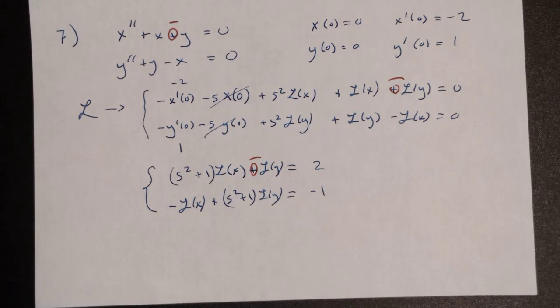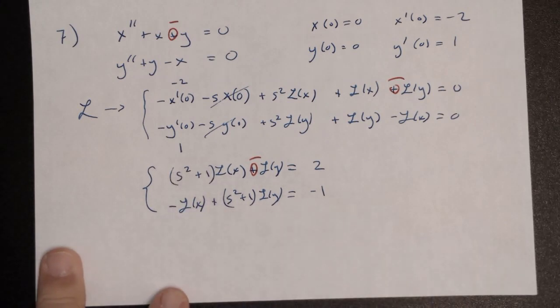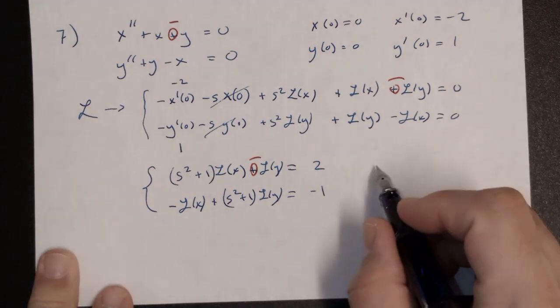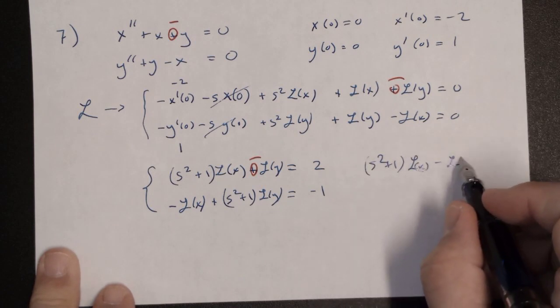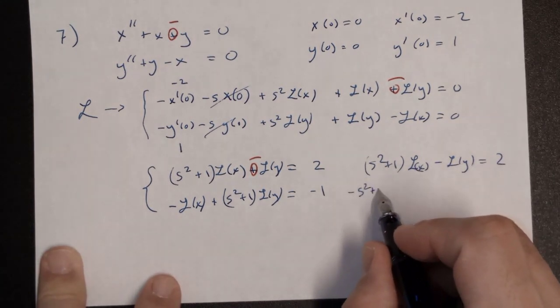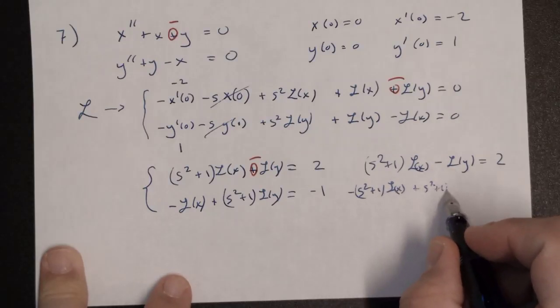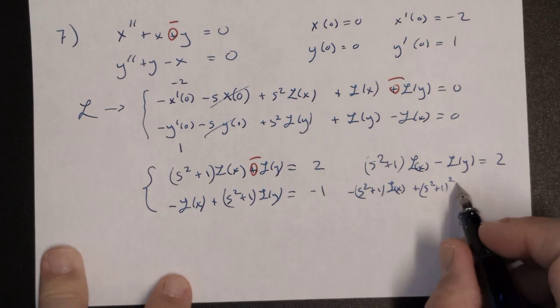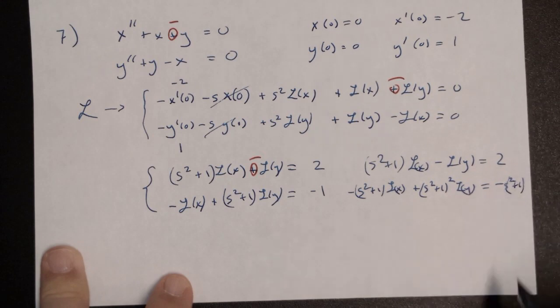If I'm going to eliminate x, then I'm going to multiply the bottom equation by this s squared plus 1. And I get minus s squared plus 1 Lx plus s squared plus 1 squared Ly equals negative s squared plus 1.